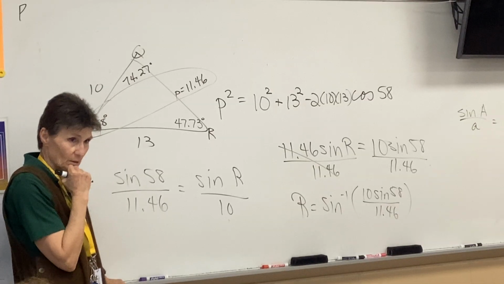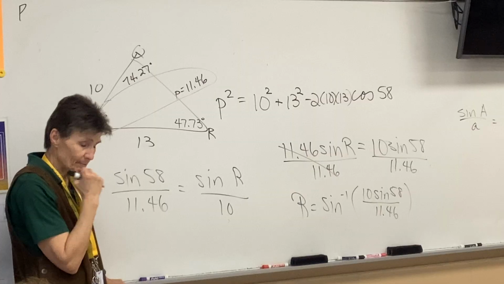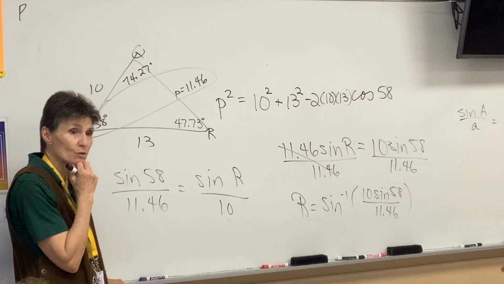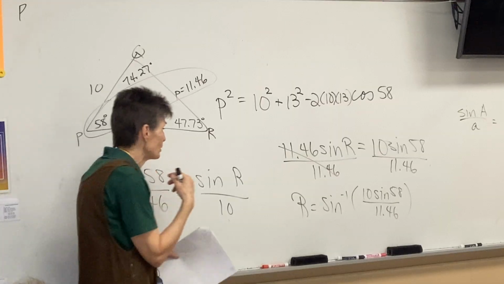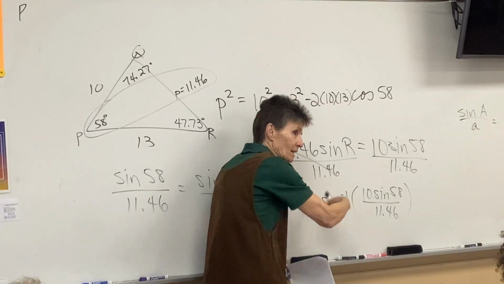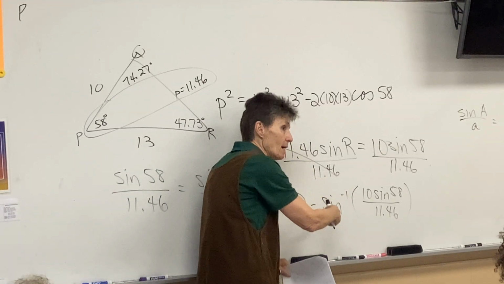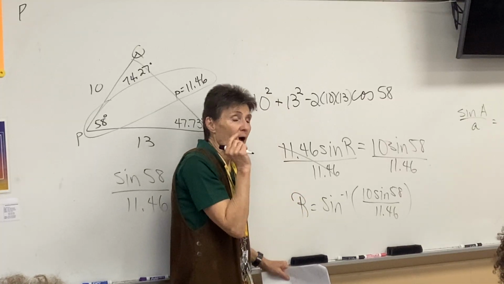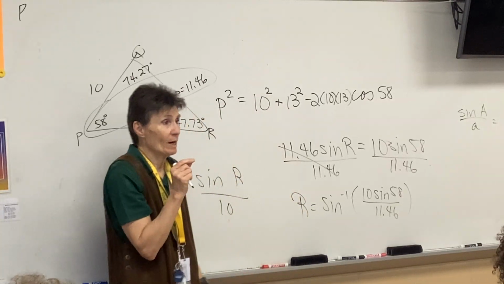Yesterday, someone asked, maybe on the way out of the room, about checking for a second triangle, because if you think about the quiz you took, you had to do something like this on your calculator, but then you had to see if there was another answer. I'm not going to set you up that way.